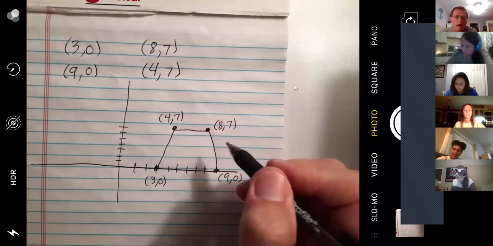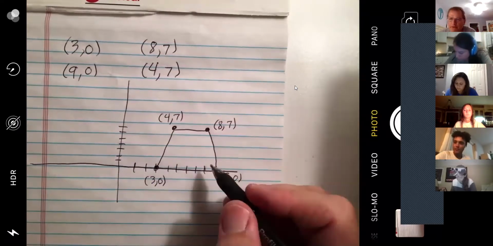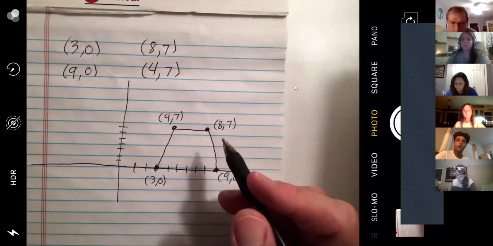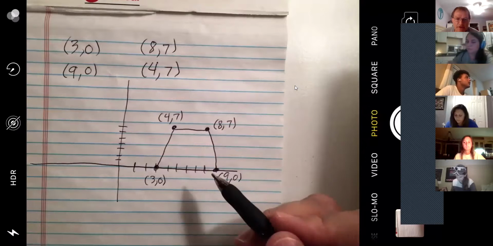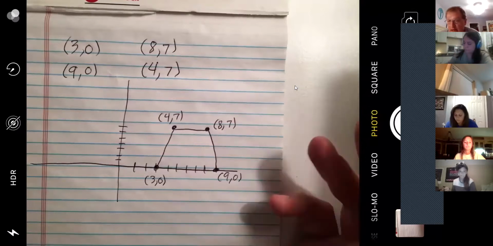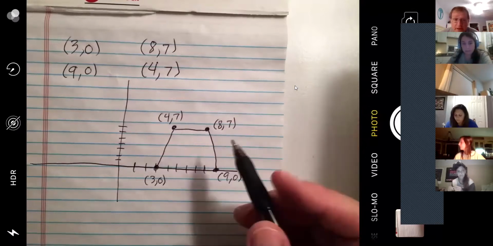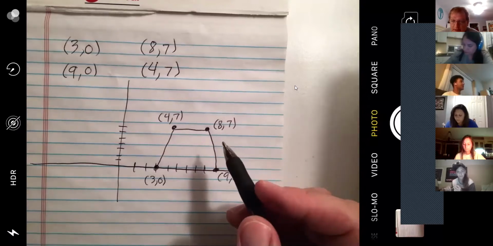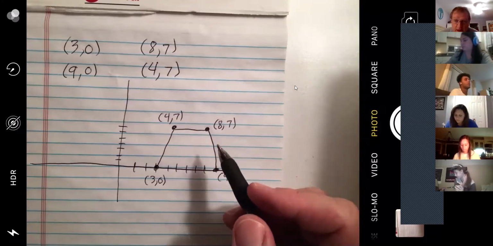All right, can you all see this? Is this clear? Okay. There are actually several ways to do this, in fact I can think of two. There is a trapezoid formula, and it depends on whether you remember it, then you can plug and chug.